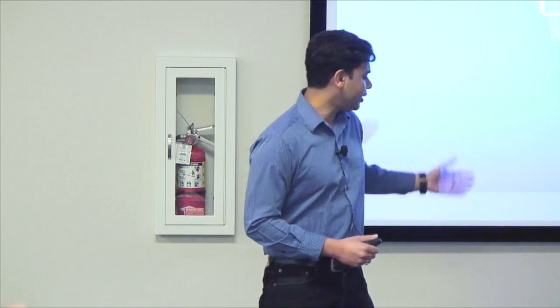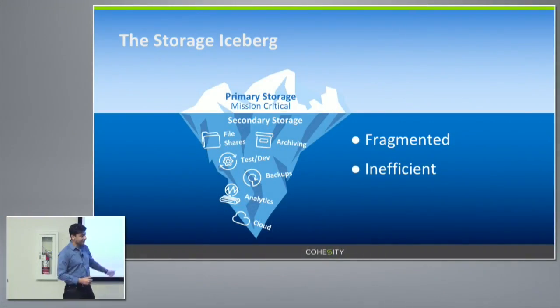Second, once that hardware has been procured, they have to go start the process of copying the data. And if you move hundreds of terabytes or petabytes of data, that's going to take a while. And finally, when the data is moved to a test and dev or analytics environment, you create copies throughout the data center. Typically, our customers have multiple test and dev environments and multiple analytics environments, and maybe a few copies exist in file shares and the cloud.